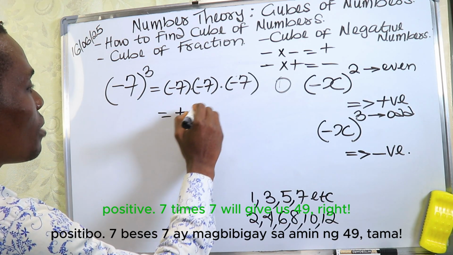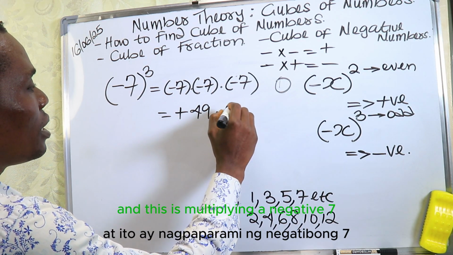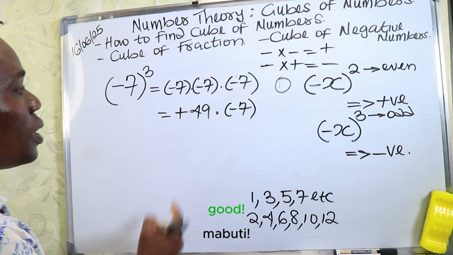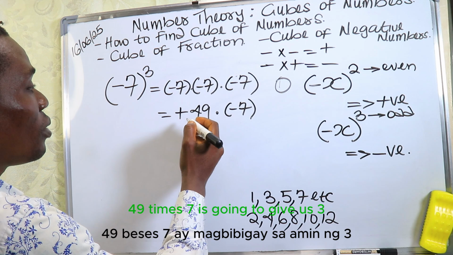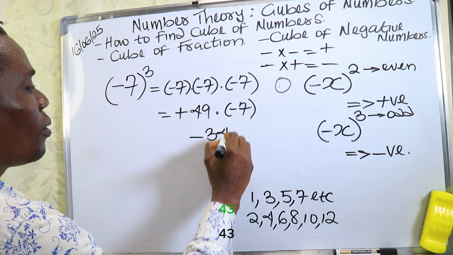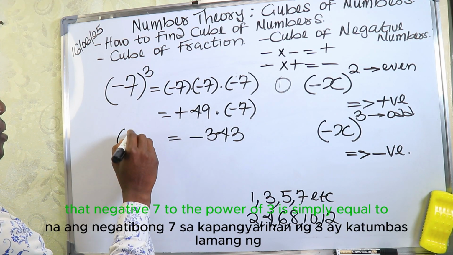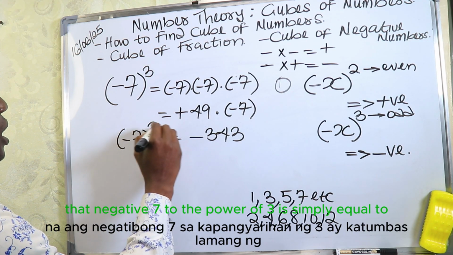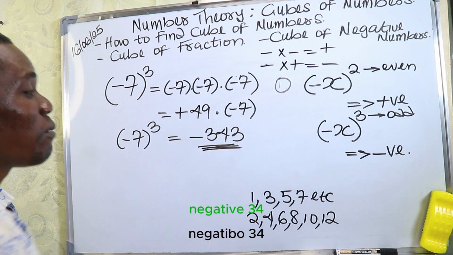Positive. 7 times 7 will give us 49. Right? And this is multiplying by negative 7. Good. Positive times negative is going to give us a negative. 49 times 7 is going to give us 343. So that simply tells you that negative 7 to the power of 3 is simply equal to negative 343.